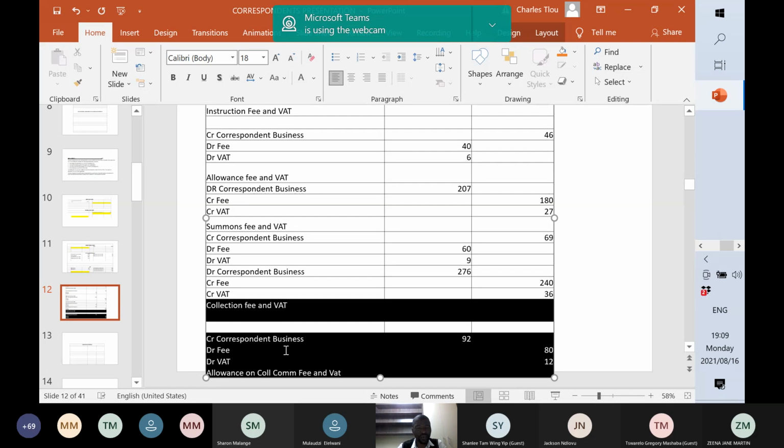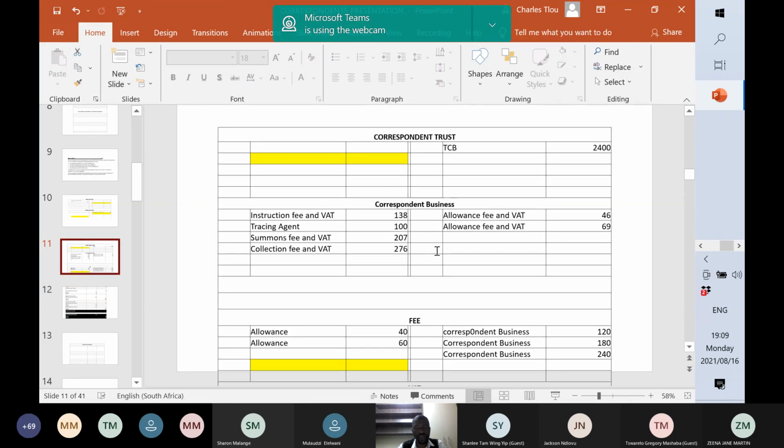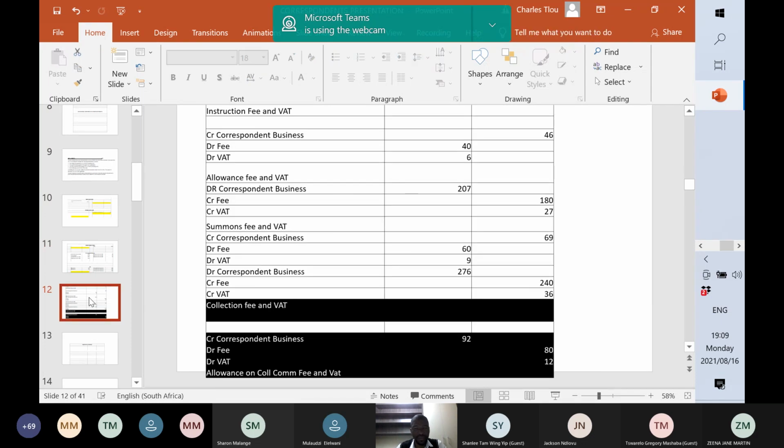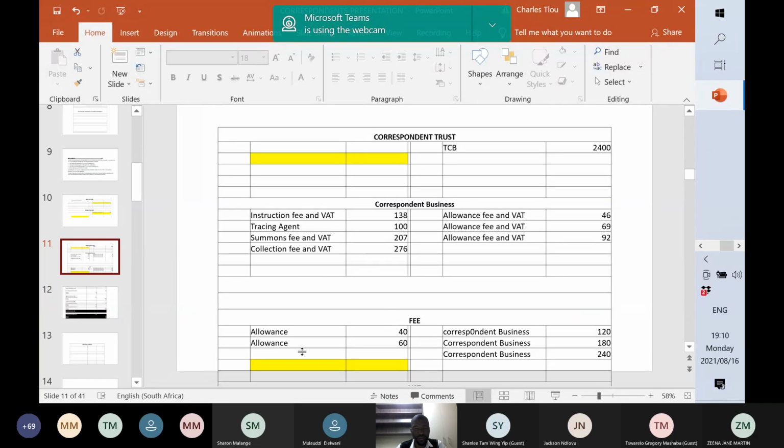Now, as it is, credit correspondent business 92 Rand. Then we come here, this is correspondent business, we are going to credit here, and that is your 92 Rands. Then you come back here, it says debit fee at 80 Rands. And then you come here, this is your fee here, debit.